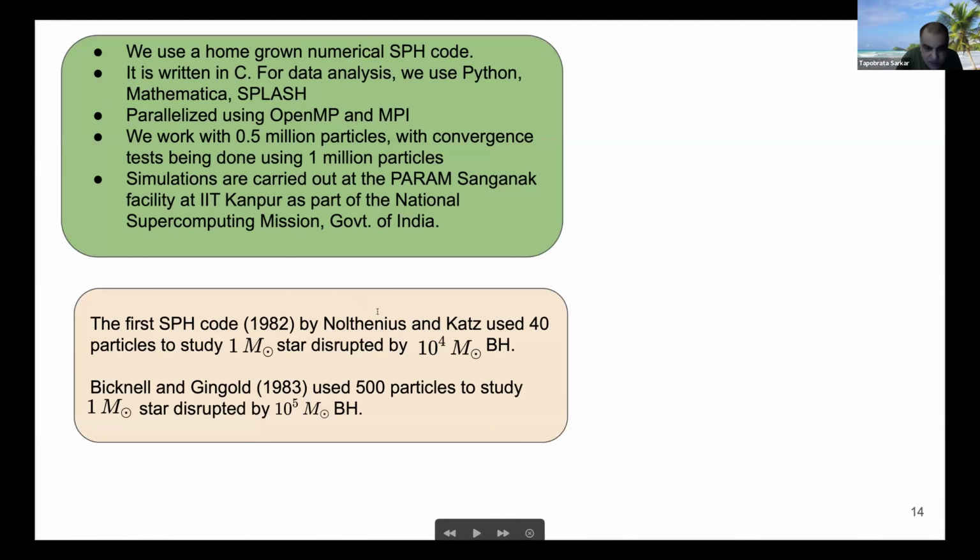To give you a little bit of history, the first SPH code was written in 1982 by Nelson and Katz. They used 40 particles to study the tidal disruption of a one solar mass star. A significant improvement came in 1983, which used 500 particles. But now we can use up to 1 million particles.